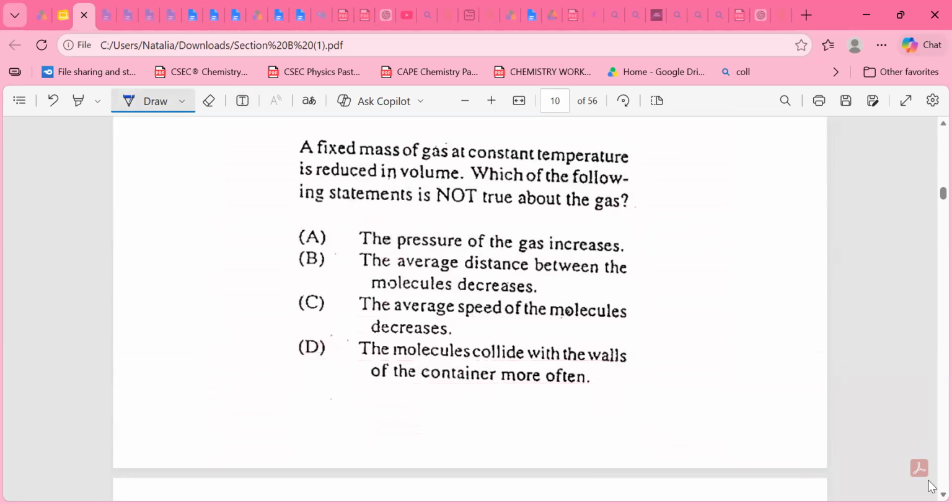A fixed mass of gas at constant temperature is reduced in volume. If temperature is constant, we're dealing with Boyle's law. So if volume is reduced, pressure is going to increase. Which of the following is not true? We know that this is true.